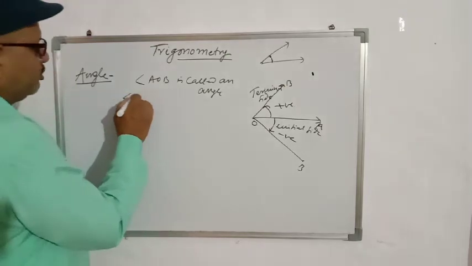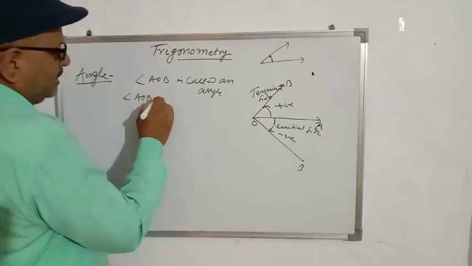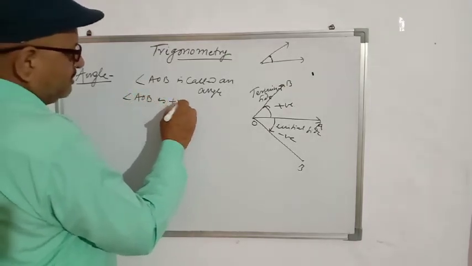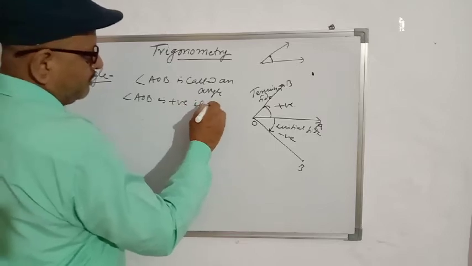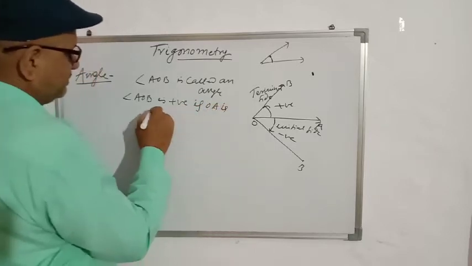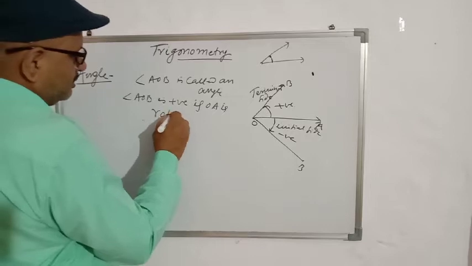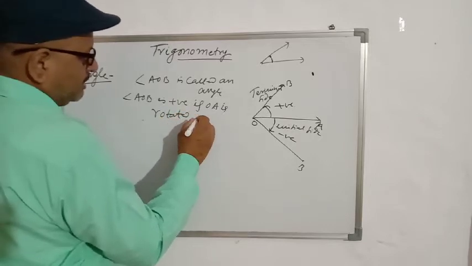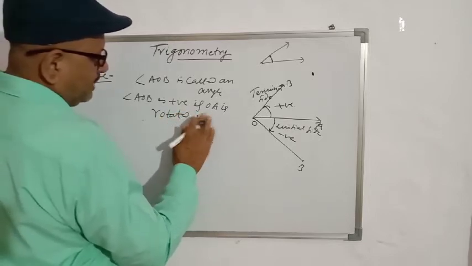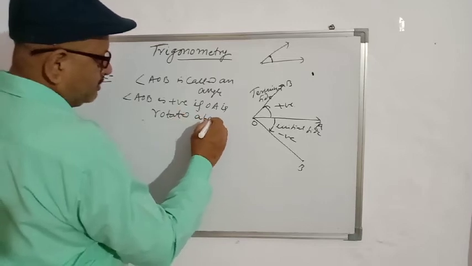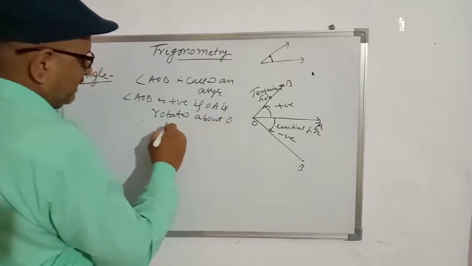So angle AOB is positive if OA is rotated about O in anti-clockwise direction.